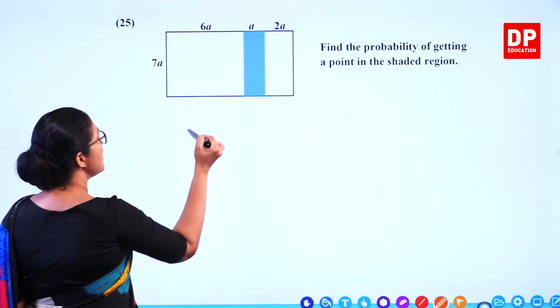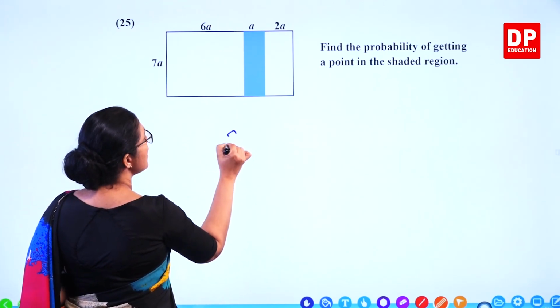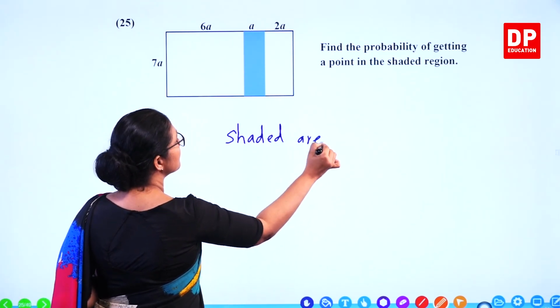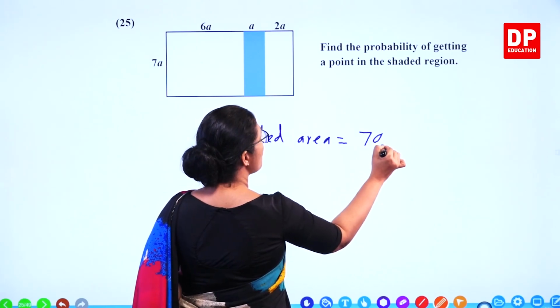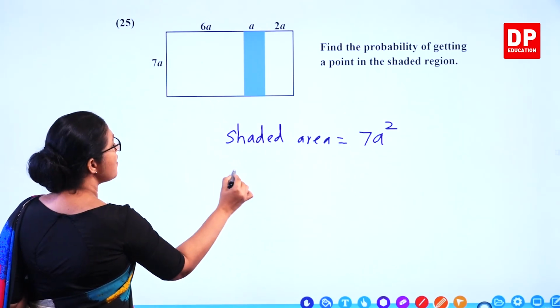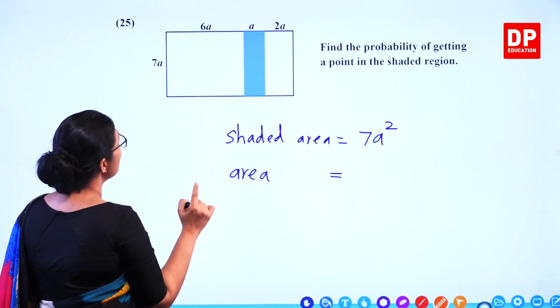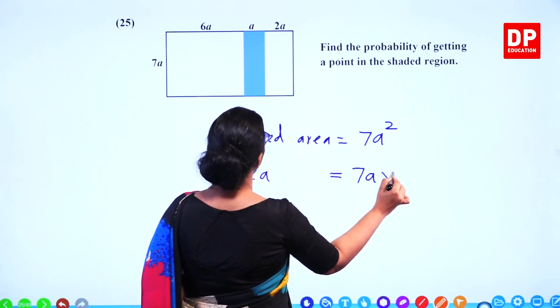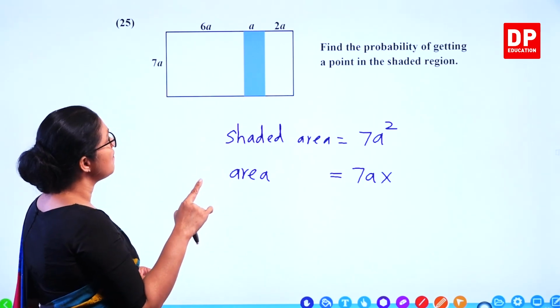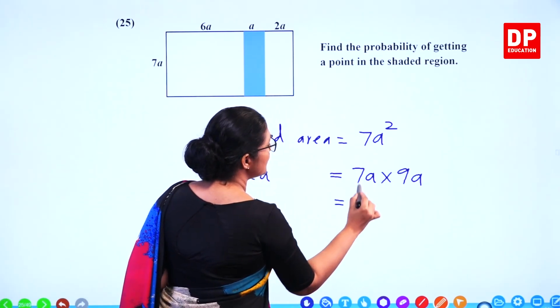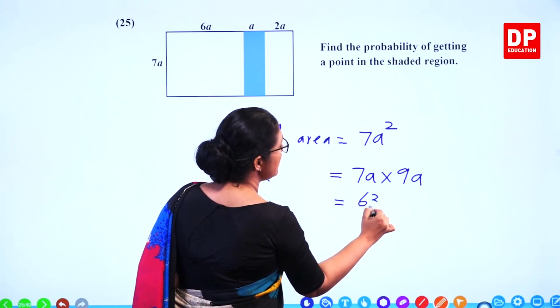That's A into 7A, so shaded area 7A square. What's the area of the rectangle? Total area 7A into 6 plus A. 7 plus 2, 9. 9A. 9 times 7, 63 A square.